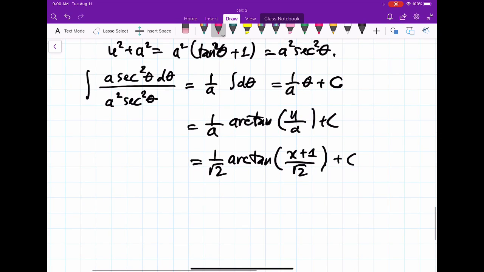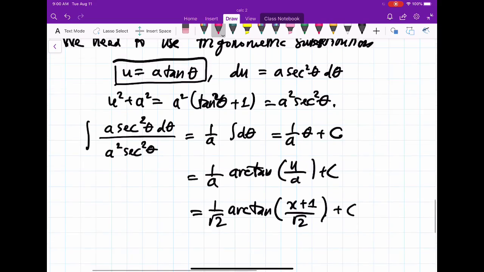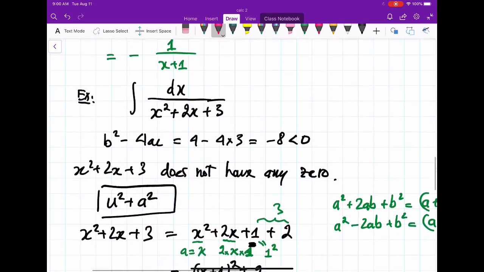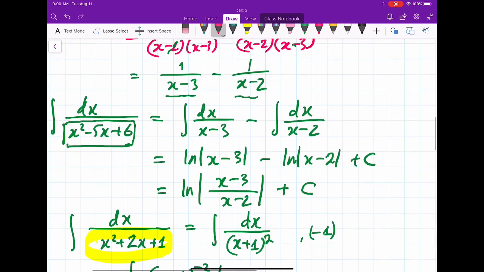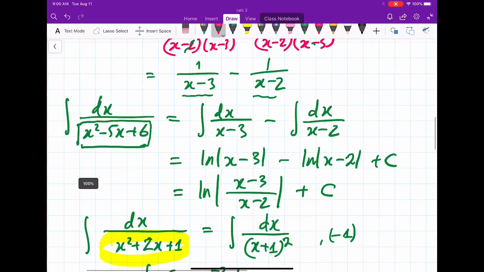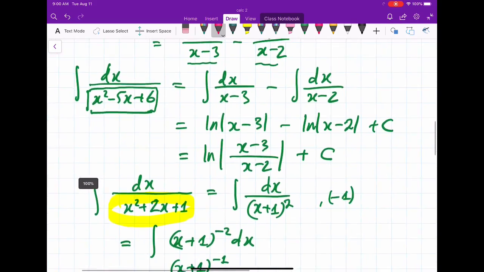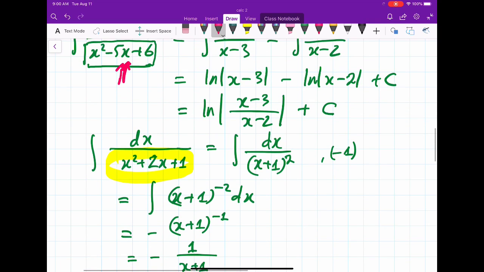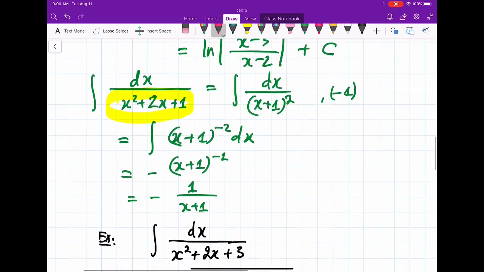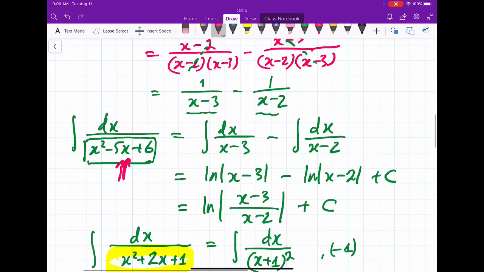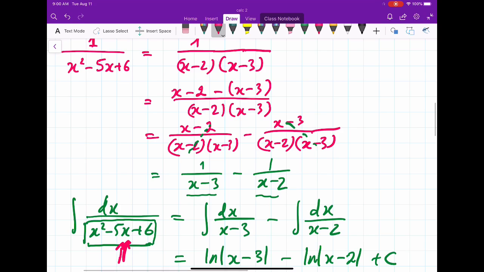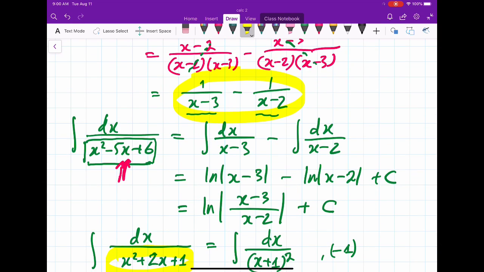You see, actually, these two examples are very typical. I repeat again. In the first example, you have x squared minus 5x plus 6. You need to check if this polynomial has zeros or not. If there are 2 zeros, you break the function into two functions like this, and then you integrate each of them.